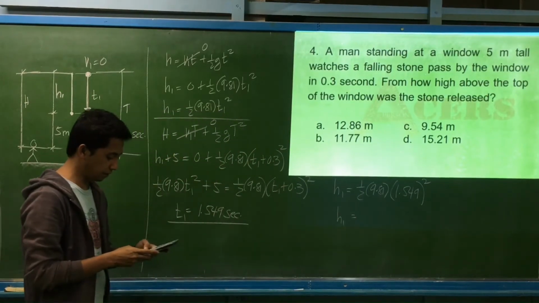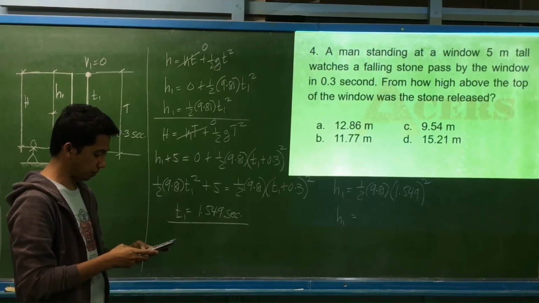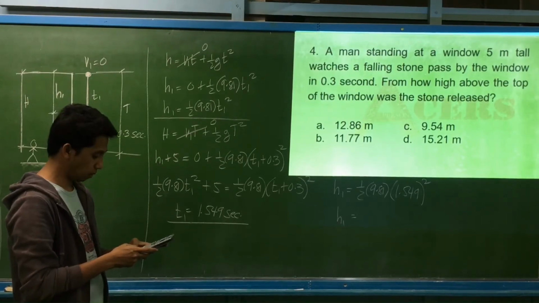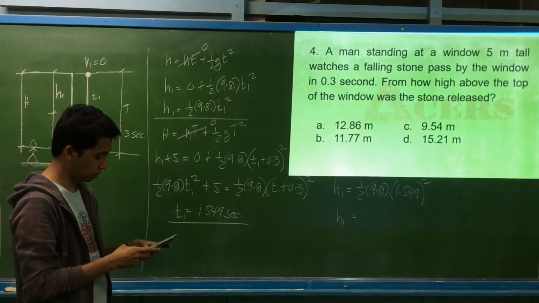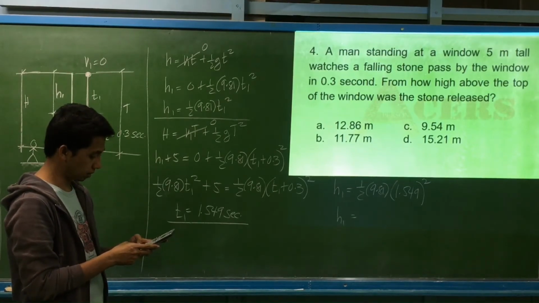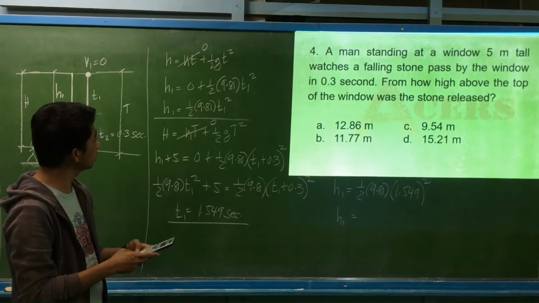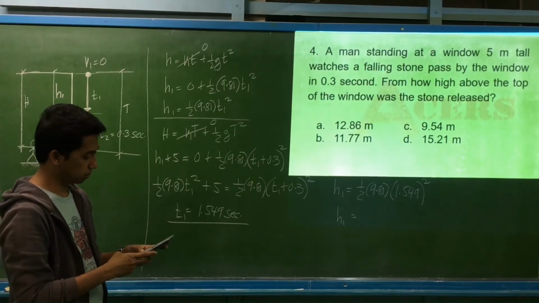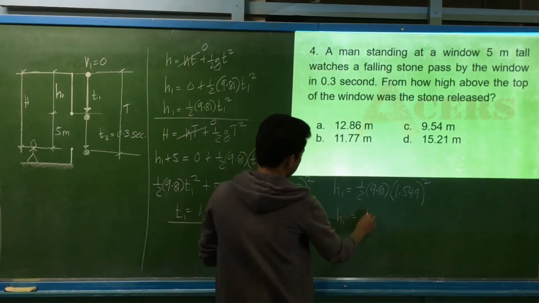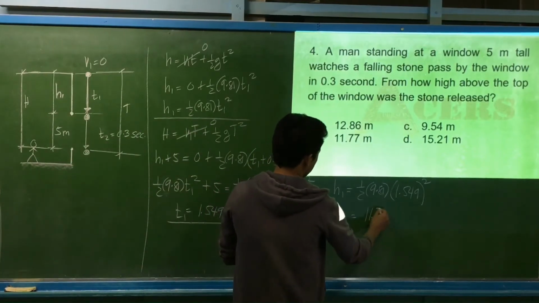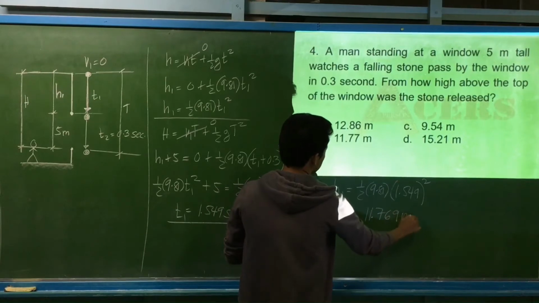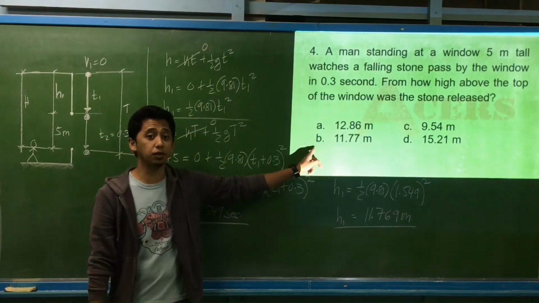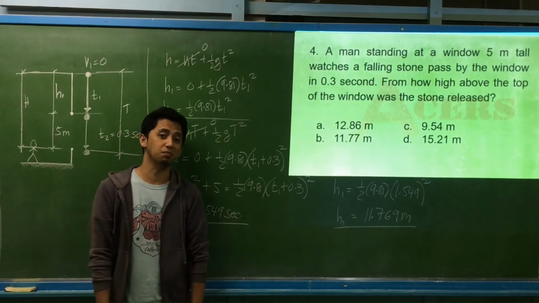So we have 1.549 squared times 9.81, divided by 2. This is now 11.769 meters. So that will be our answer. In our choices, we have letter B, that is 11.77 meters.